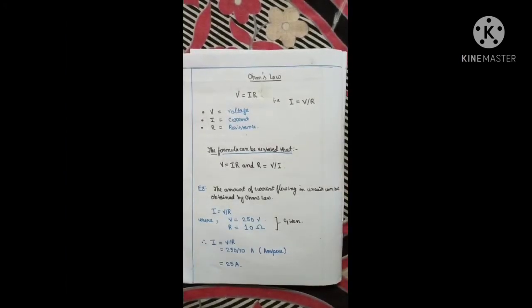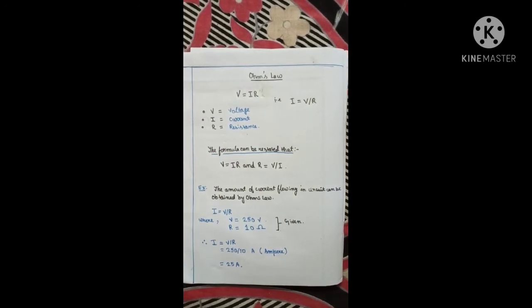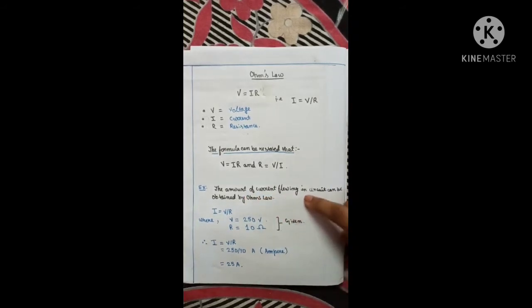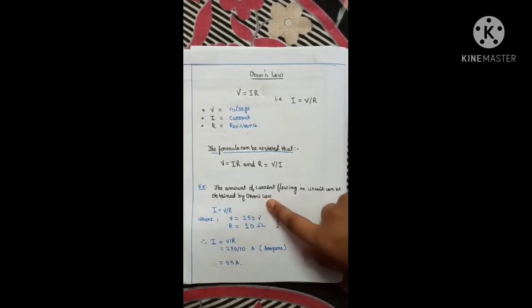Now let's see this example. A heater with a resistance of 10 ohms is connected across a 250 volt power line. Then what will be the current? We can find the amount of current flowing in the circuit by Ohm's law.